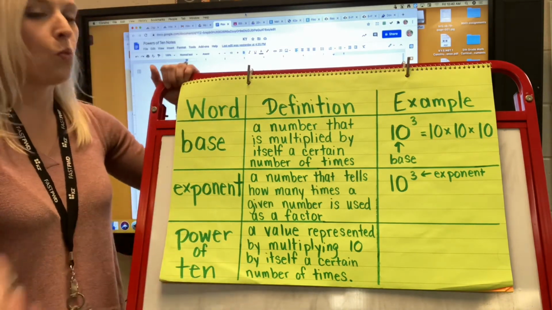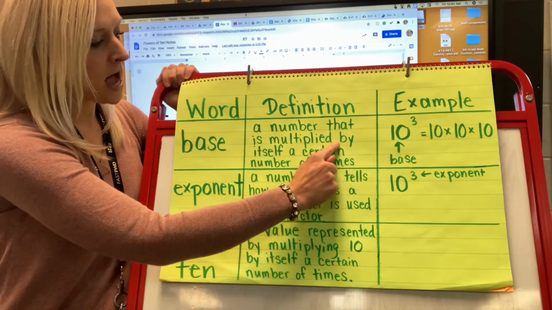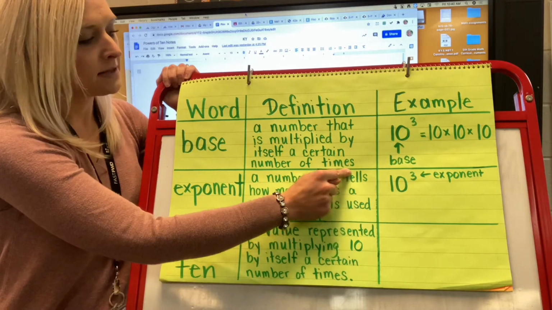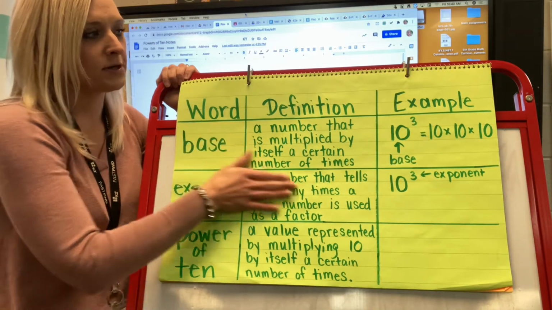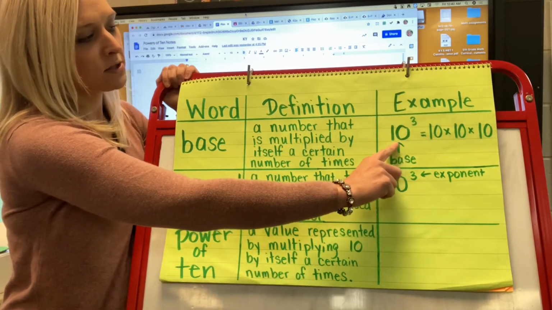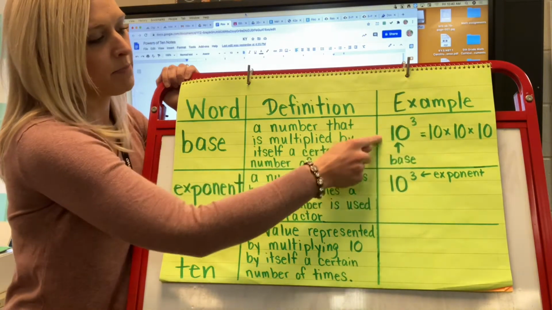Okay, so what is a base? A base is a number that is multiplied by itself a certain number of times. And so that definition may be confusing. So in math, it's always important to have examples. So this is what a base looks like, 10 to the 3rd power, and 10 is the base.